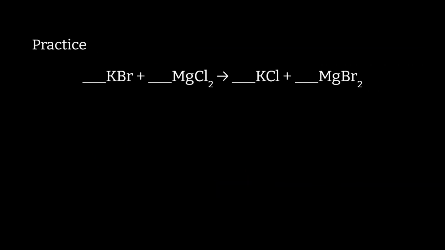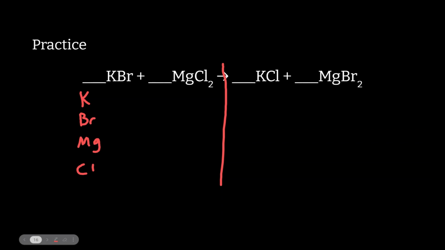Taking a look at another example, we have our KBr plus MgCl2 forming KCl plus MgBr2. We're going to go ahead and separate this down the middle. We have potassium, we have bromine, magnesium, and our chlorine, and we have that on either side.